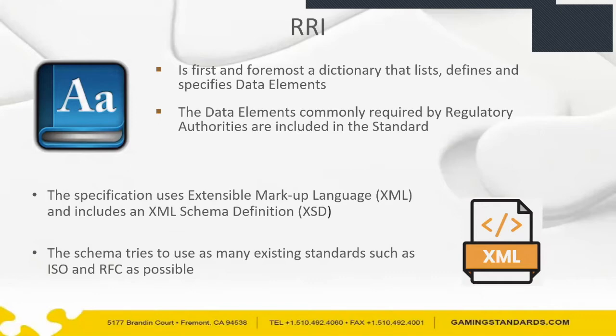We also, as we were going through and defining these data elements, did our best to use as many existing standards as we could. Standards like ISO and RFC. And we did that again because there are plenty of computer systems out there that are already used to using ISO and RFC and ITU and other types of standards.